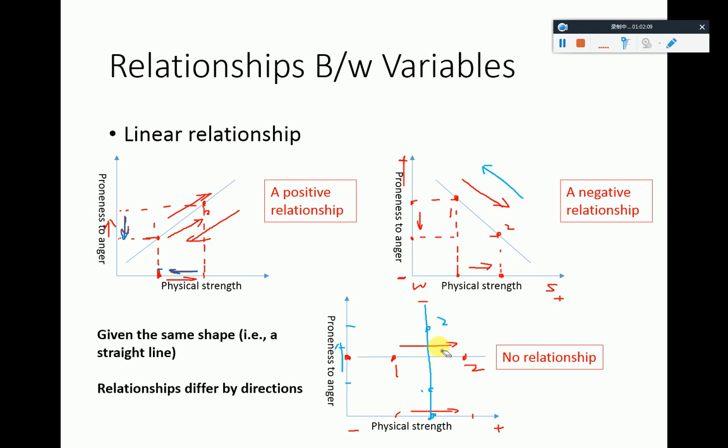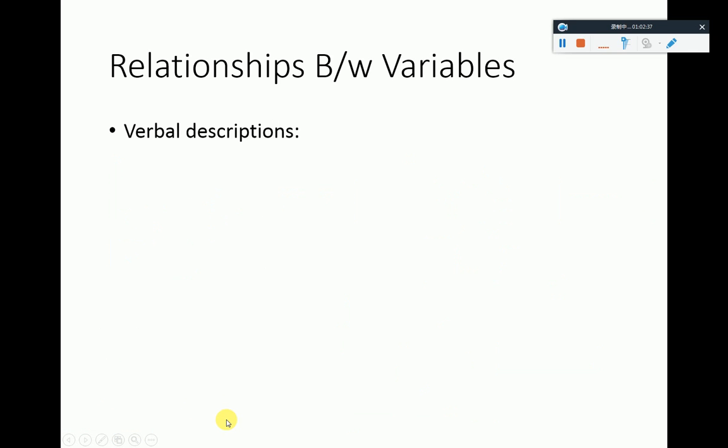So they're all linear relationships, but at the same time, these are different relationships because they describe, in this case, a positive correlation, in this case, a negative correlation, and in this case, no correlation. So that's why we say these linear relationships differ by directions. Okay?